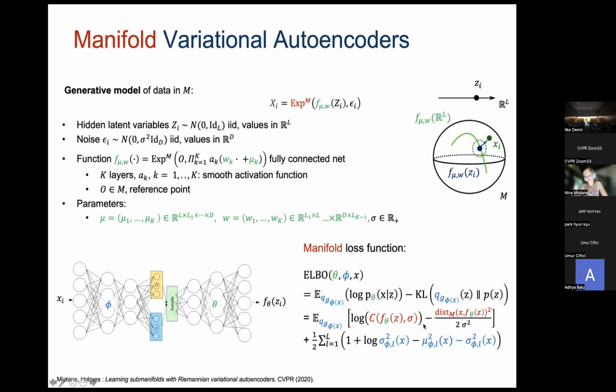And I've put in red the terms that change. Because the generative model is different, the log likelihood is different, the evidence lower bound or the ELBO is different, and therefore you can show that it has this formula. We could have guessed this formula by converting the ELBO loss as it was written on vector spaces to its expression on manifolds.